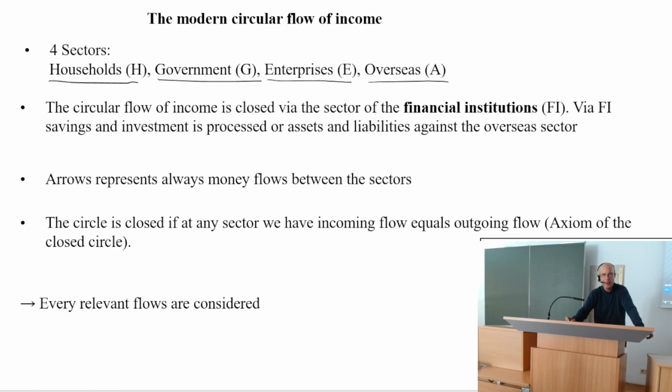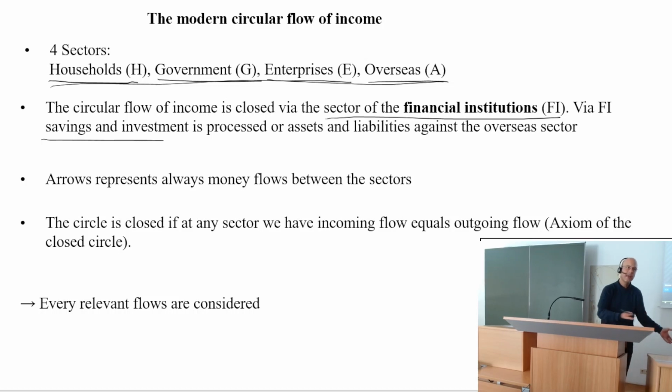And so there we have also many dependencies. And for these four starting sectors, then they all interact with the financial sector. And so we also add the sector of financial institutions. And this financial institution sector, there especially we have the savings and investment process in a modern economy to describe.